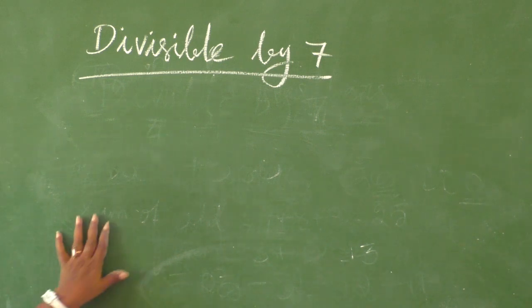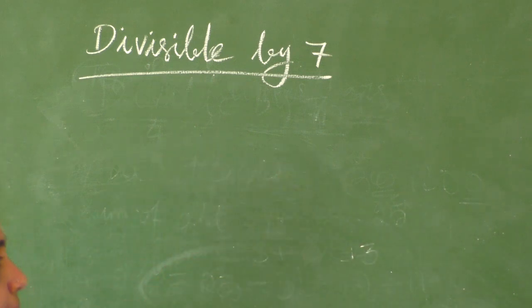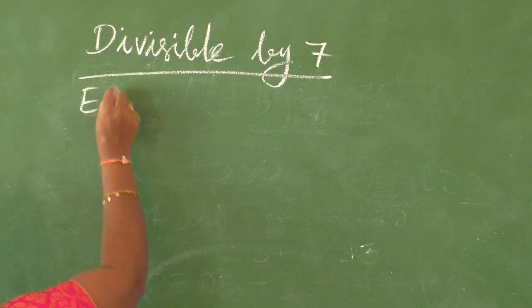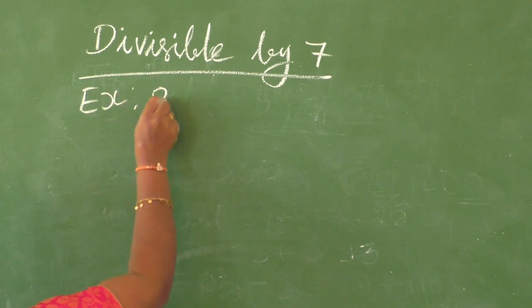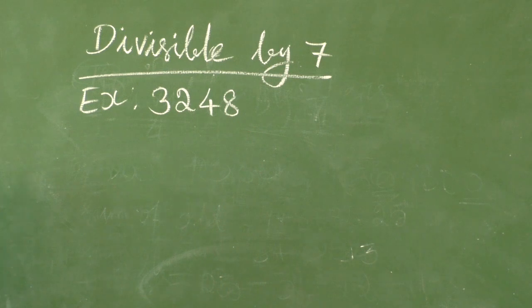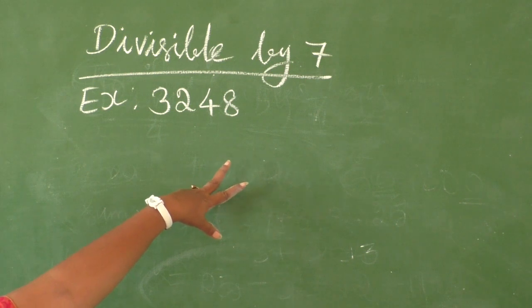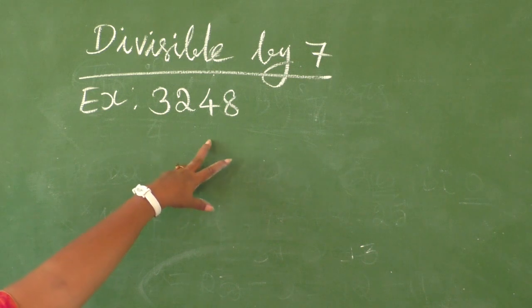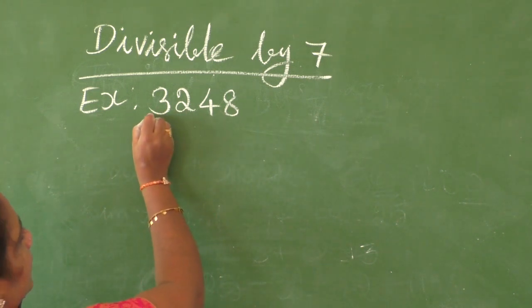Okay, see, I will give you one example. 3,248. What is the rule? The difference between twice the digit in the ones place and the rest of the number. First I am separating the number into two parts.